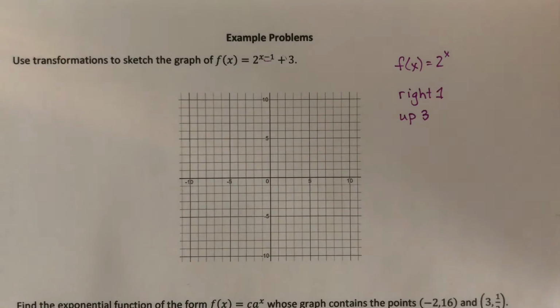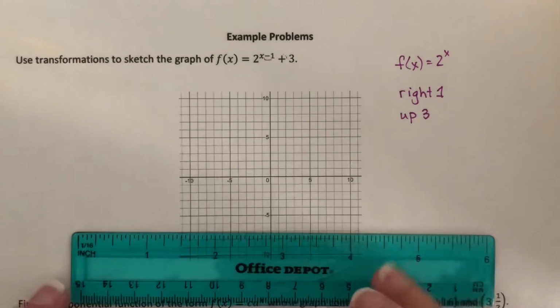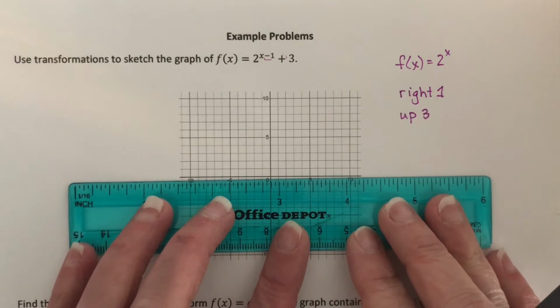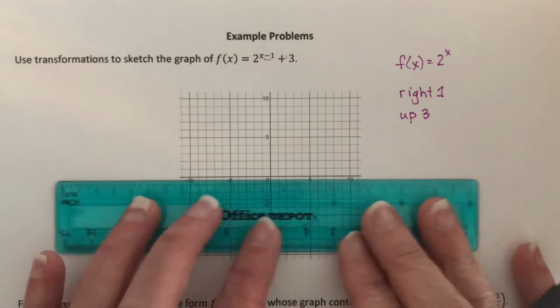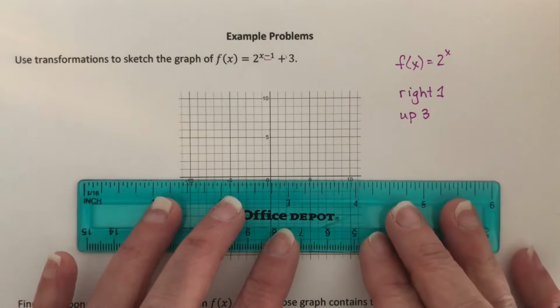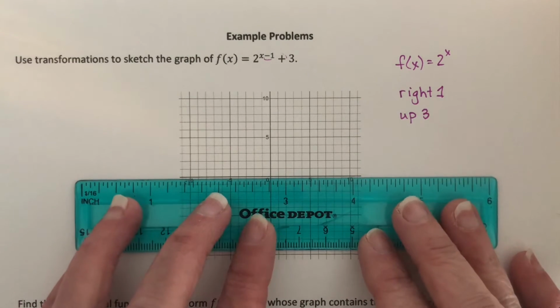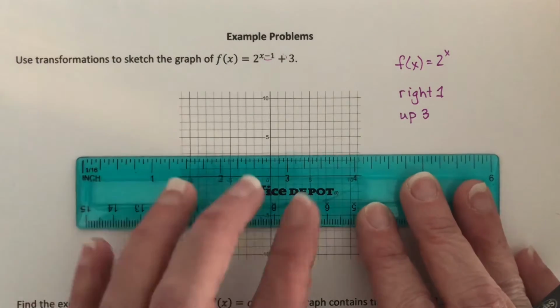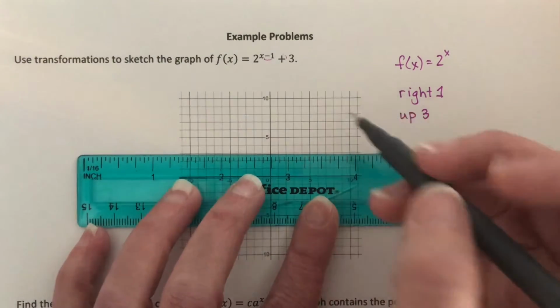One of the first things that will help is to take your asymptote and shift it. It doesn't make any sense to shift a horizontal asymptote left and right because it's not going to move, because a line is infinite. But I can move it up 3. So I'm going to draw in my little dotted asymptote here.